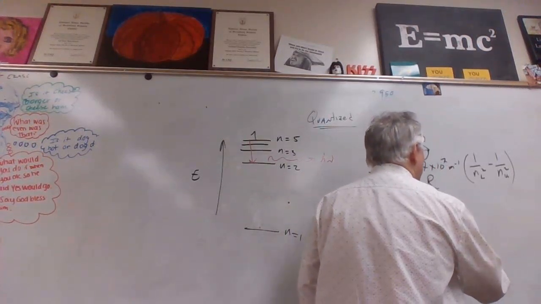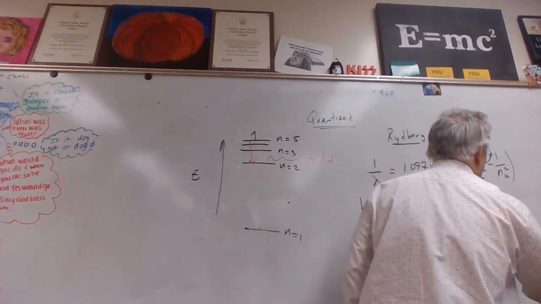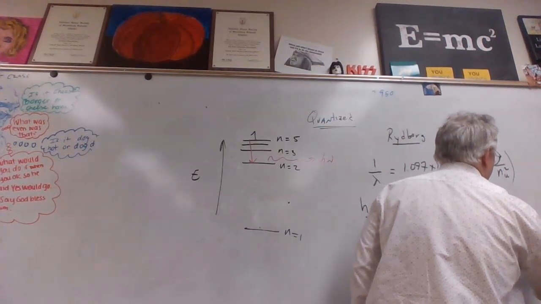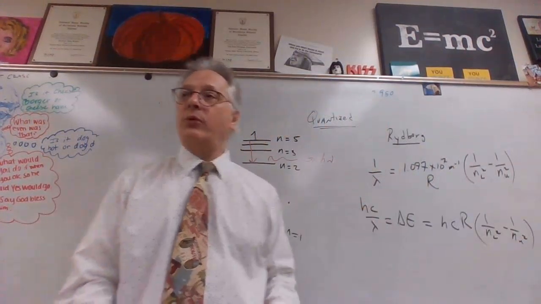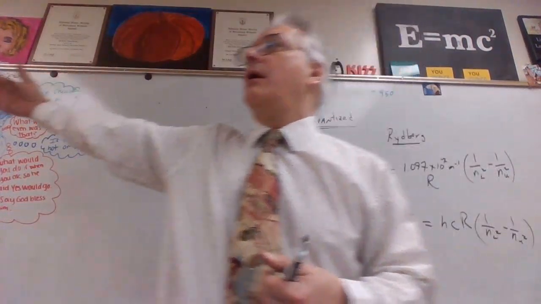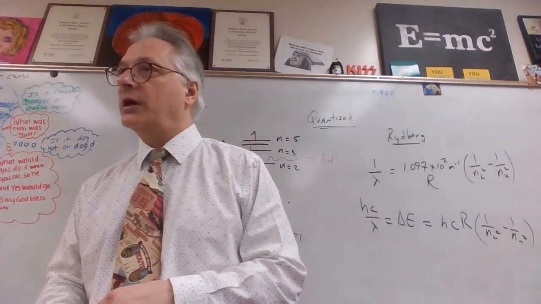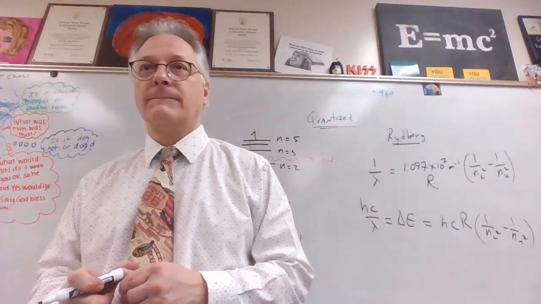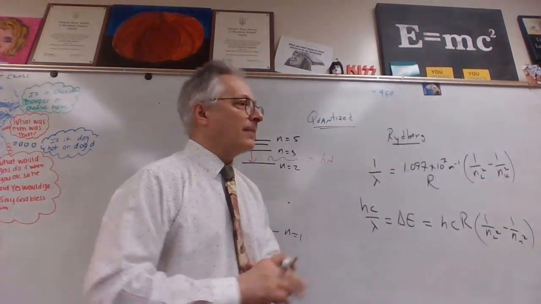So h times c times R times this business right here. So you should be able to do a problem where I say, for example, an electron falls from the n equal 4 level to the n equal 2 level. What is the wavelength of the photon?